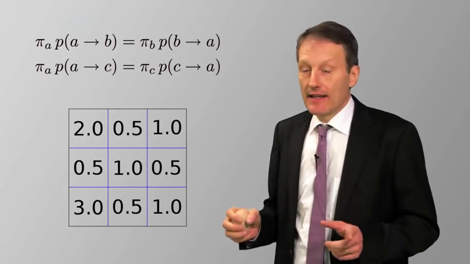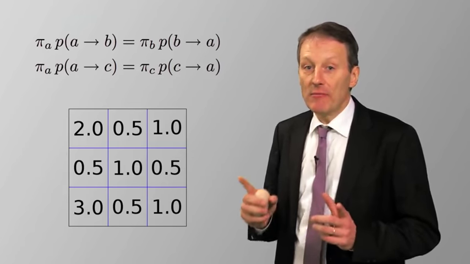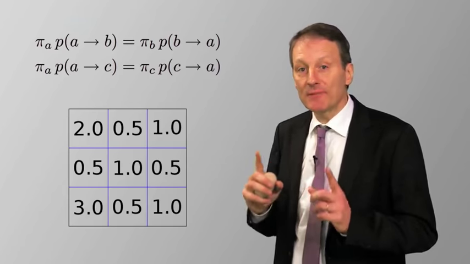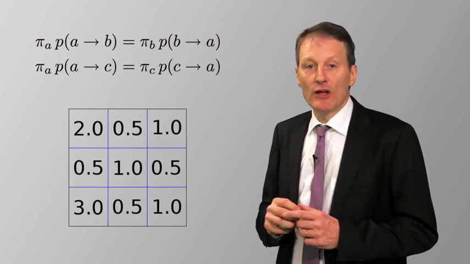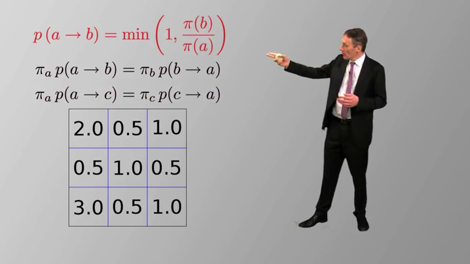Metropolis et al. in 1953 proposed their famous Metropolis acceptance probability to handle the case when the probabilities pi a on the sides are no longer constant. They proposed the rule shown here.